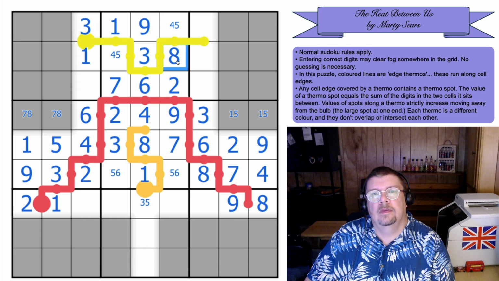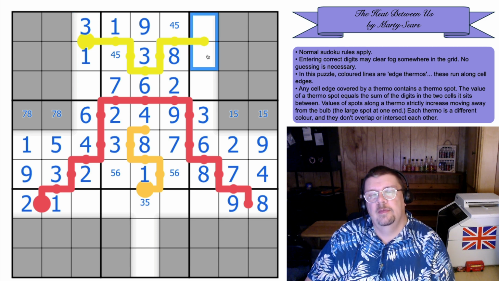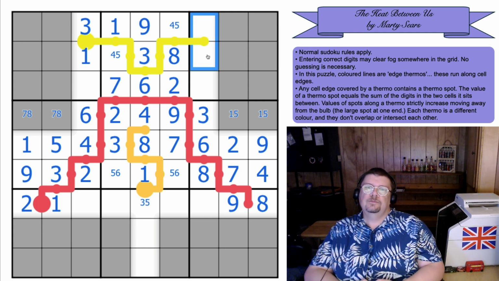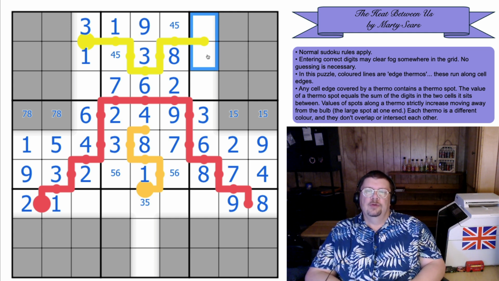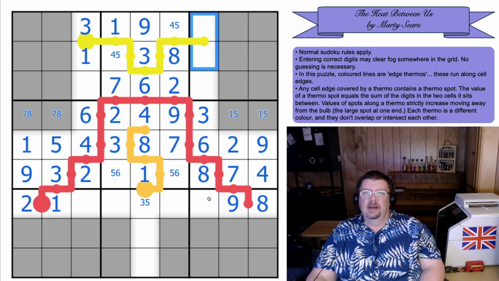Okay. This is a minimum of 12, so this is a minimum of 13. So it could be 13, 14, 15, 16, or 17. Okay, it can't be 17 because that requires a 9, 8, and we've got an 8 here. 16, it could be with a 7, 9.